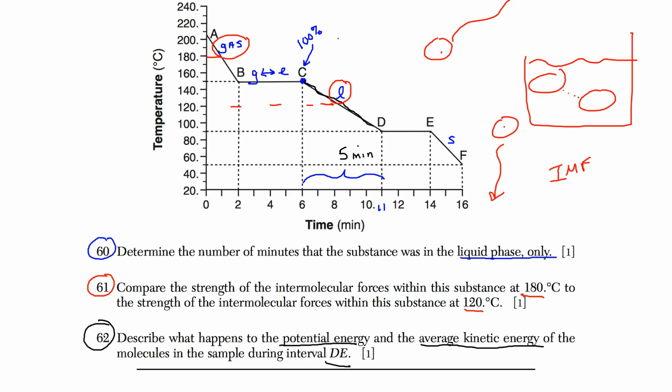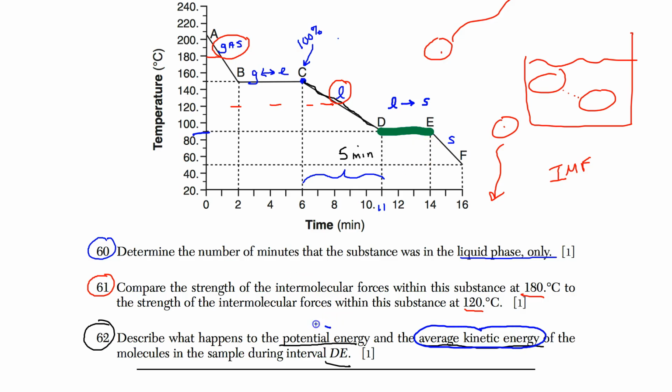Let's make this line big, and we're going from D to E. Now what is happening here? Well, we know it's a liquid going to a solid. That's the phase change. And we know the temperature is constant. The average kinetic energy is temperature, so we know the average kinetic energy stays constant.